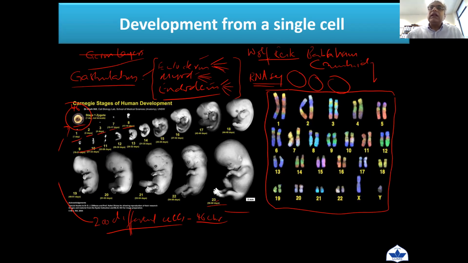And of course, X and Y can be different based on the gender of the baby. However, when each cell contains the same 46 chromosomes, it means each cell contains the same set of genes. Genes present on chromosomes are entirely the same in all the cell types present in a fully formed baby.